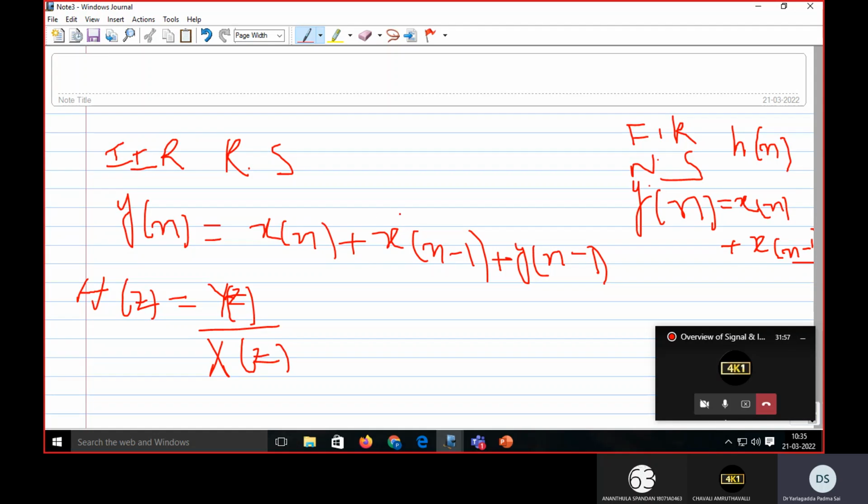So when initial conditions are 0, according to the time shifting property, it is z power minus 1 into X(z). Quickly check your properties; I am not writing one more time. Directly I am writing 1 by 1 minus z power minus 1. This is your transfer function of the IIR filter.